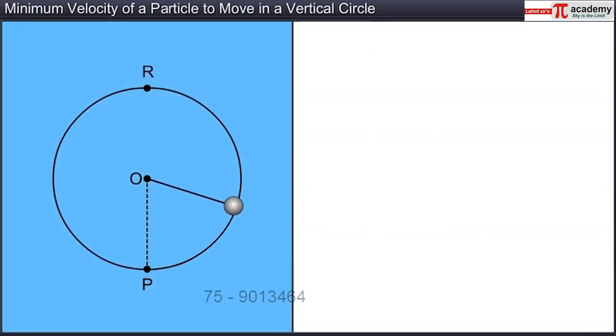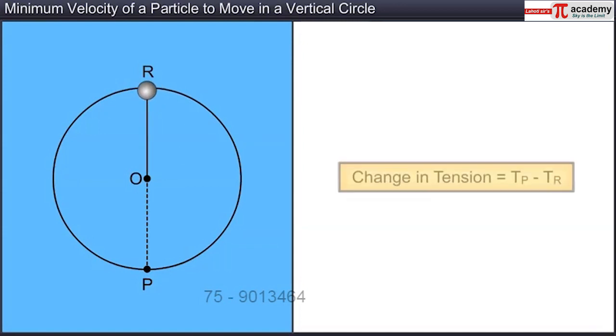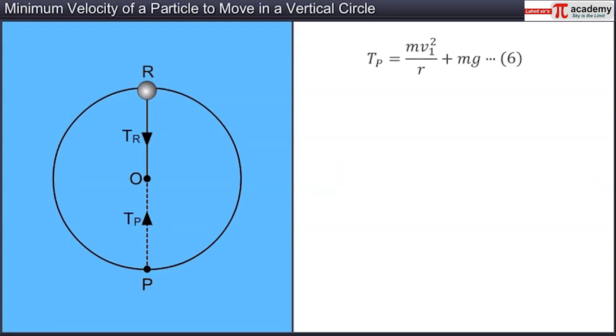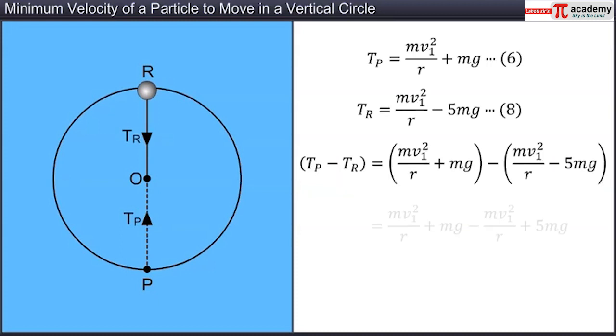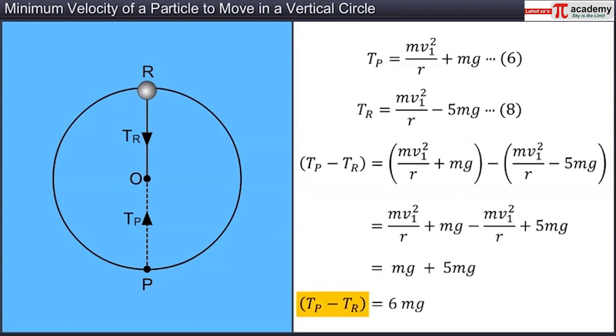When the particle moves from P to R, the change in the tension can be written as Tp minus Tr. Substituting the values of Tp and Tr from equations 6 and 8 and then solving the equation, we get Tp minus Tr is equal to 6 mg.